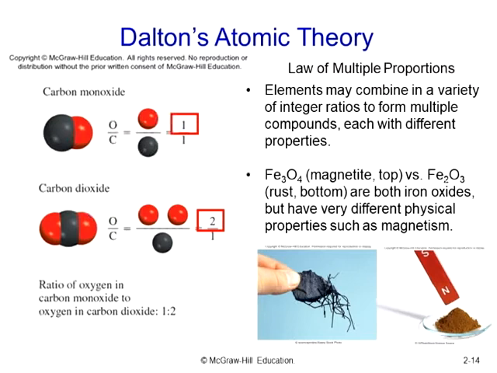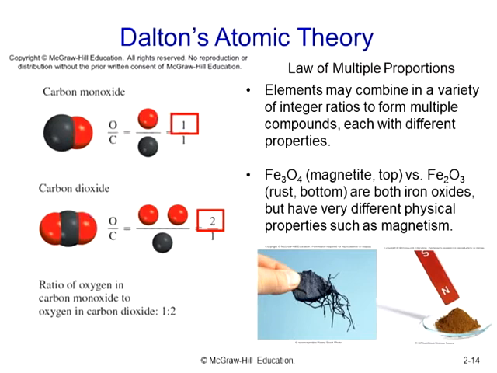And what does that mean? It means that elements may combine in a variety of integer ratios to form multiple compounds, each with a different property. We can have different ratios of these atoms combining to form different compounds.